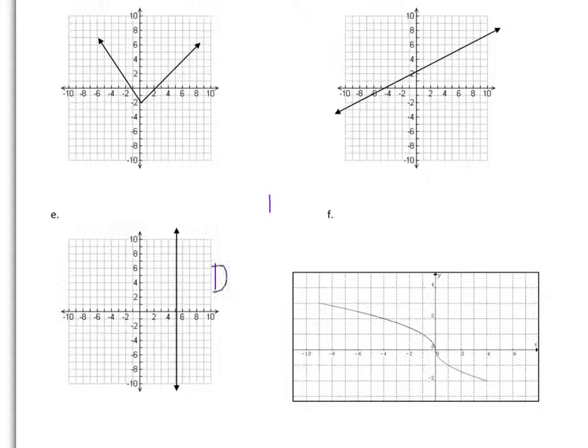Since that's the only number in its domain, we just write this one. We don't use interval notation to indicate just a single number, so I just say the set of 5. And the range is all real numbers because there's no restrictions on how high or how low that one's going.